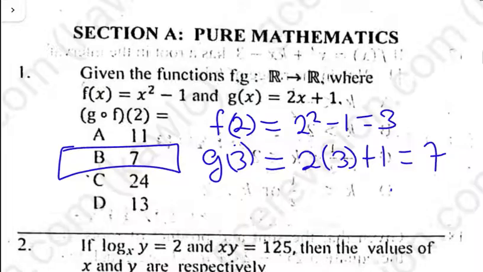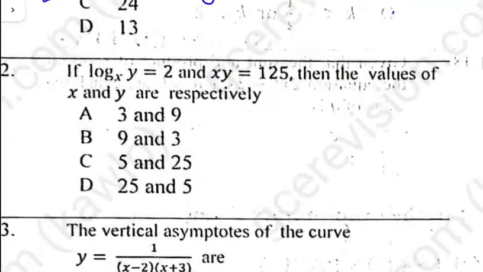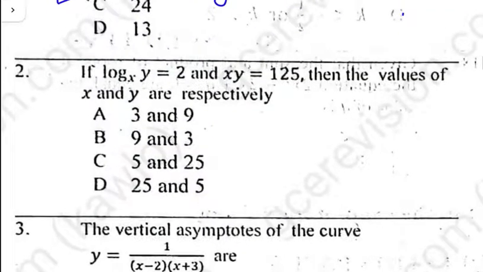Question 2. If log y base x equals 2 and xy equals 125, then the values of x and y are respectively. So from this first equation, we can see that y is equal to x to the power 2.